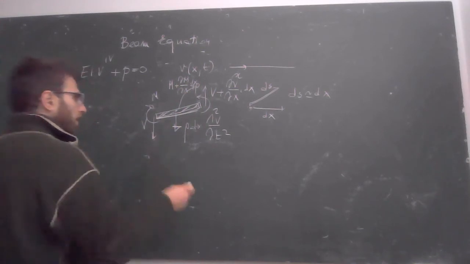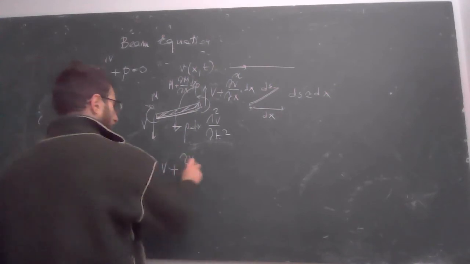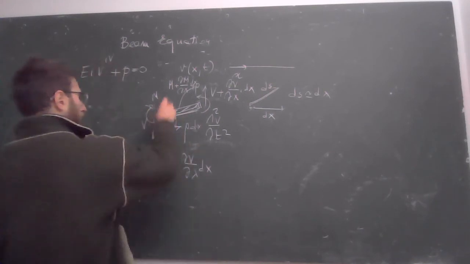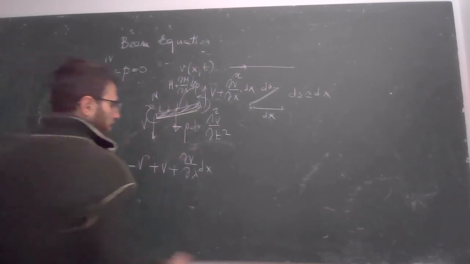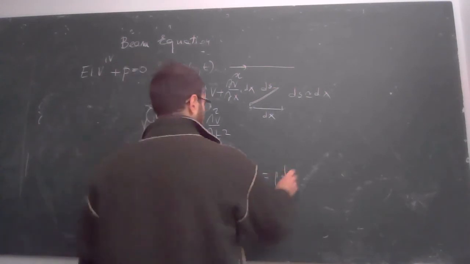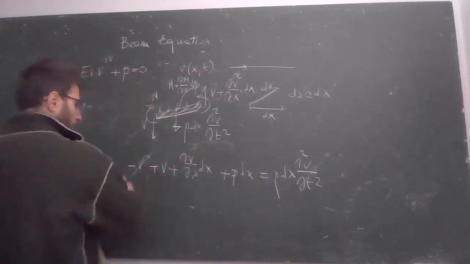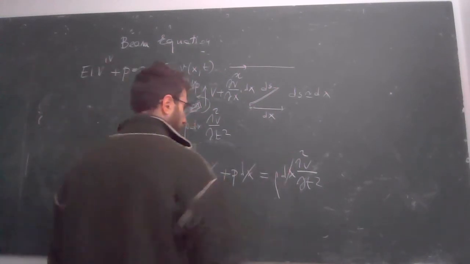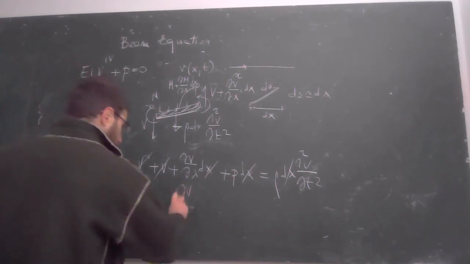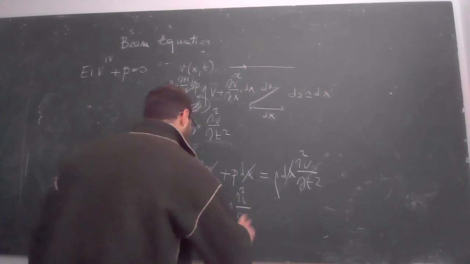We write the vertical equilibrium, so we have minus V plus V plus dV over dx dx. We assume that there is a constant load, let us call it p. So p dx is equal to rho dx, double derivative of v with respect to time. If we simplify the expression, we divide by dx, we have dV over dx plus p is equal to rho d squared v over dt squared.